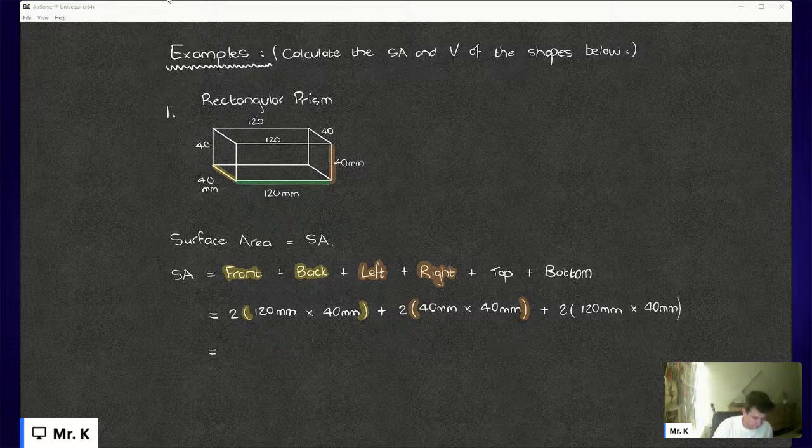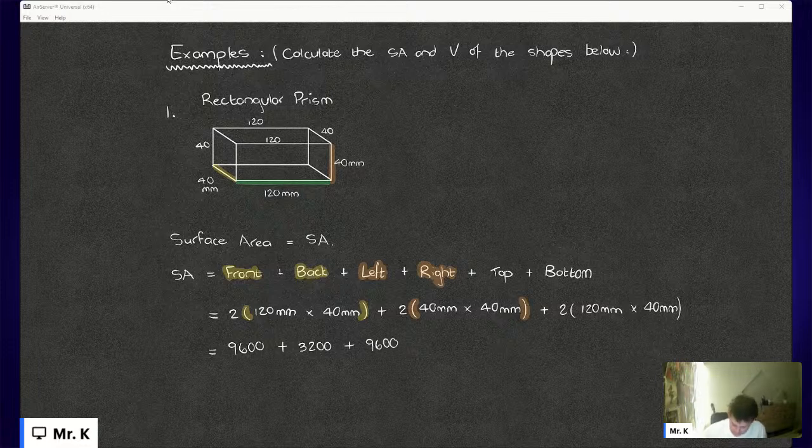But 120 mils times 40 mils is going to give us 4,800 times 2. So here we have 9,600 plus 3,200. And again, you can put this all into one long sum, but sometimes it makes sense to break things up into pieces just so that as you go through your work, it's easier to catch where your mistakes were.